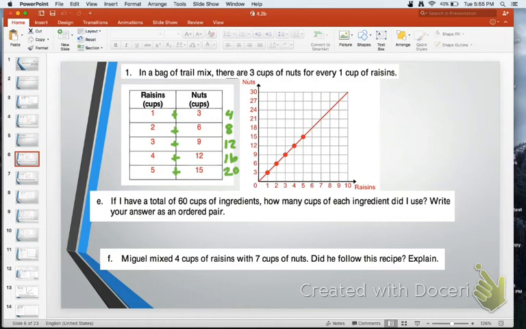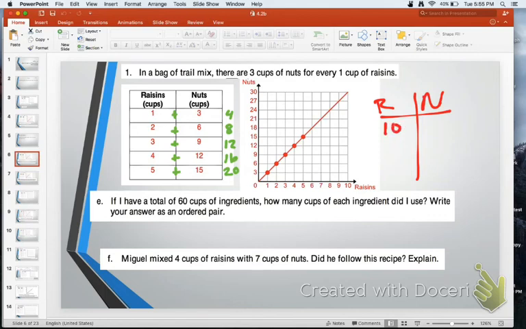So we're going to make another table really quickly, and we're going to choose some. I'm going to write raisins and nuts. 5 wasn't enough, but maybe 10 will be enough.